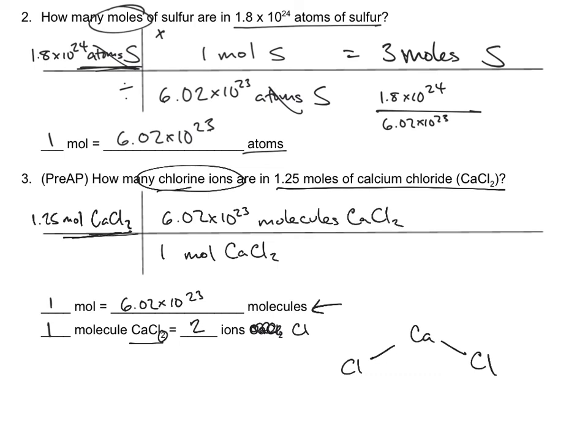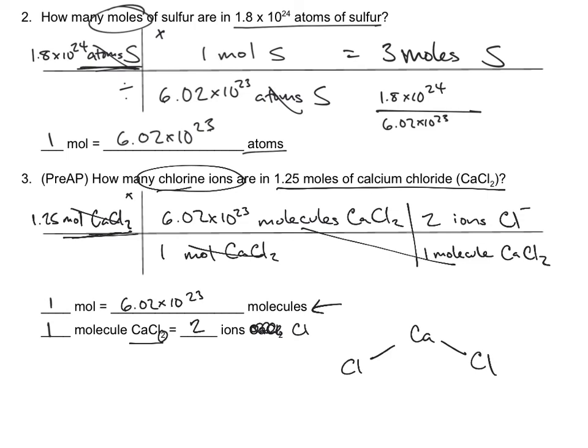Compounds have molecules. So moles and moles will cancel. We're in molecules. We also know that 1 molecule of CaCl2 has 2 chlorine ions in it, 2 ions of chlorine, which is negative. So molecules and molecules will cancel, and we'll just be in ions of chlorine.